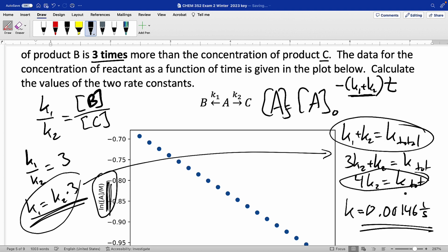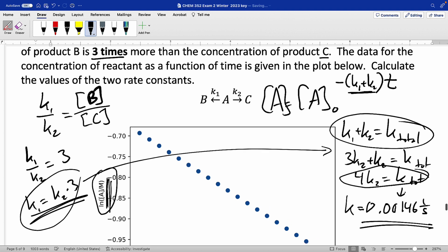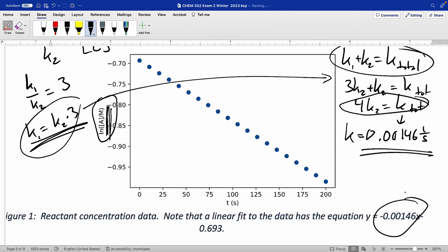So since we know what the K total is from the fit to our plot, because we know that the slope of this linear plot has to be equal to negative k, we now can just divide that slope, which is k total, by 4, get our k2, and then we can use this relationship over here to get our k1.